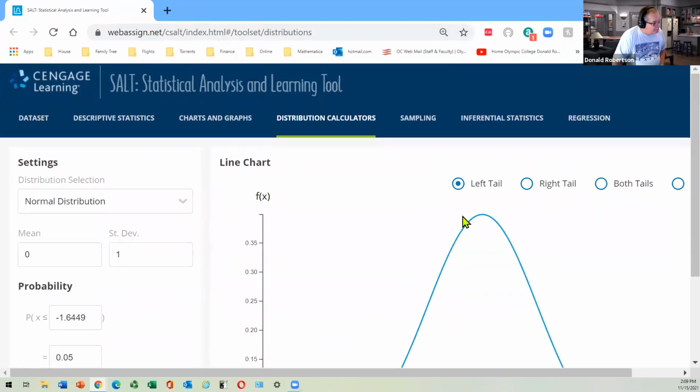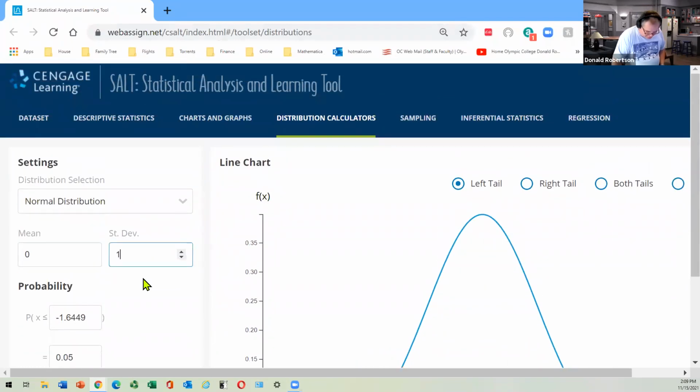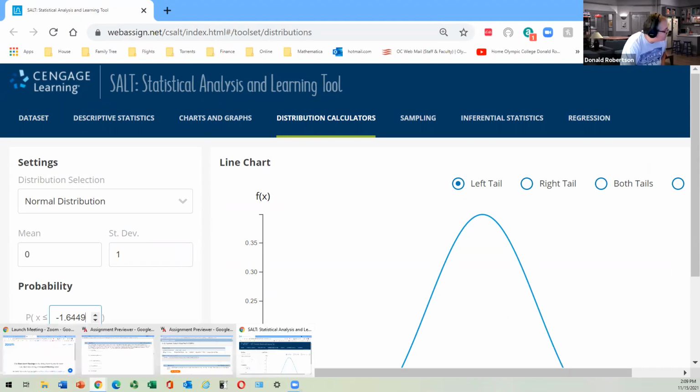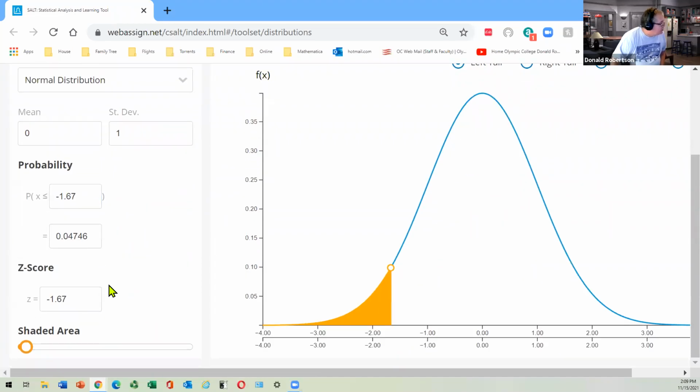Less than, good. The mean and standard deviation are 0 and 1, that's perfect. All I need to do here is, oh, come on, that is just sheer luck. It's almost the number I want. I want to do negative 0.167. And if you look at the bottom here, that's the p-value.